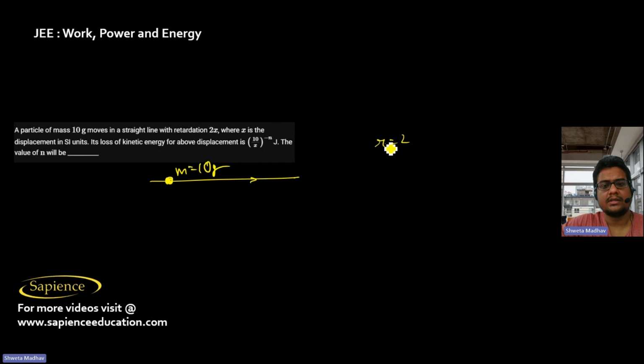So retardation is 2x, which means acceleration is minus 2x, where x is the displacement in SI units. The loss of kinetic energy for the above displacement is 10 by x power minus n joule. The value of n will be?